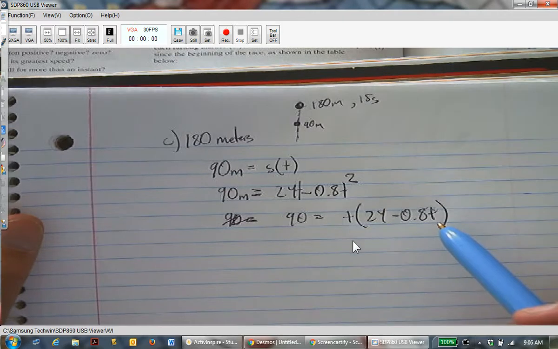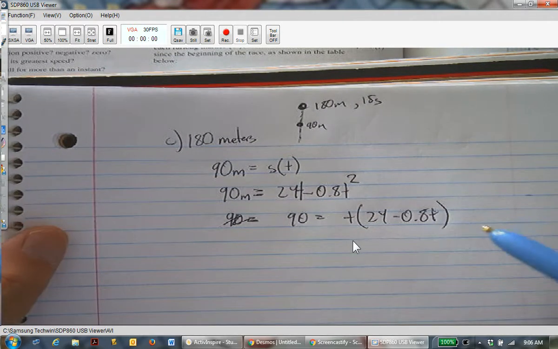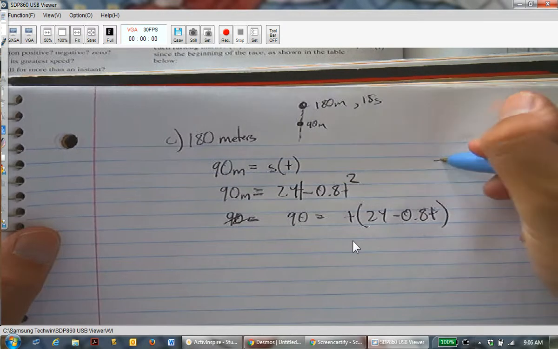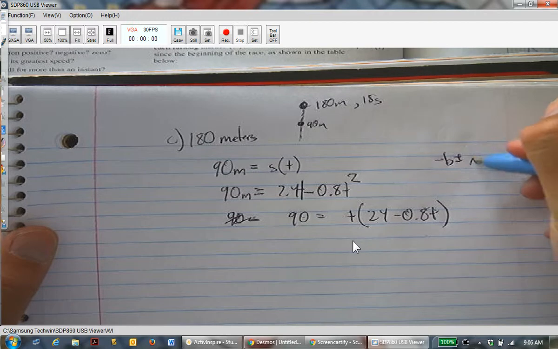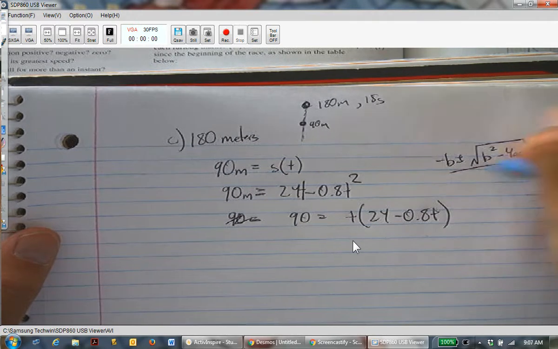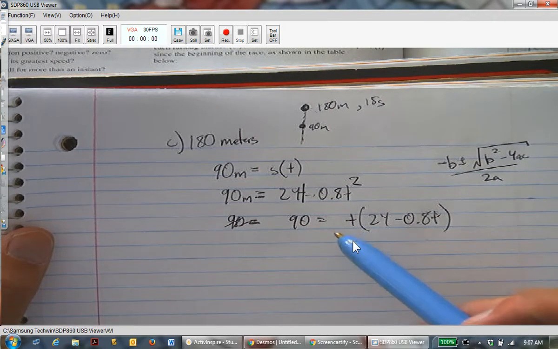Some people are like, do we do completing the square, quadratic equation? Well, remember, in order to make the quadratic equation work, negative b plus or minus the square root of b squared minus 4ac over 2a, you have to set this equal to 0.